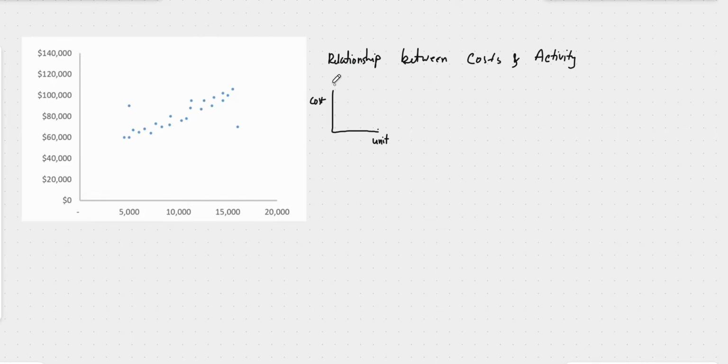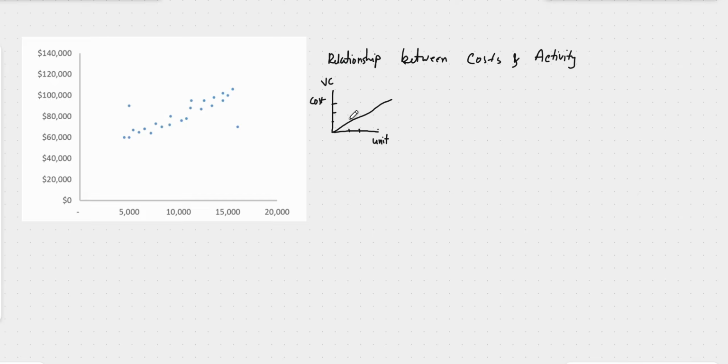This is VC, variable cost. Now, whenever you produce a large number of units, the cost increases. So our plot is going to be something like this. You produce more units, and the cost will go up.